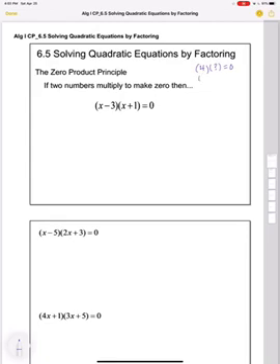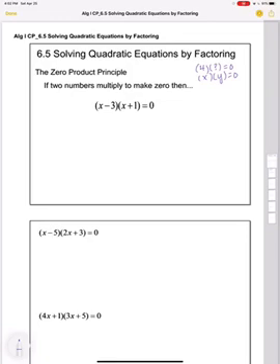Now, what if I didn't tell you what either of the numbers were, but I told you that when we multiplied them, you got 0? Again, either the first number or the second number is 0, because that's the only way to multiply two numbers together to get 0.